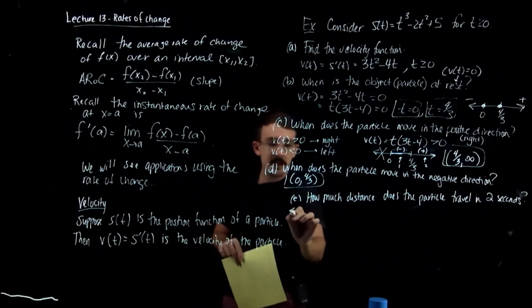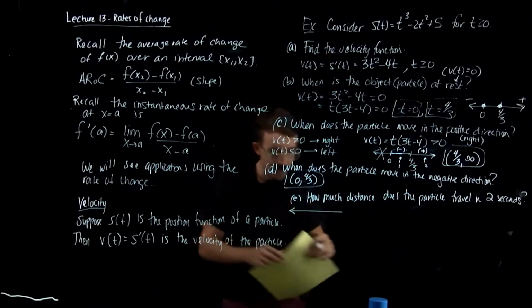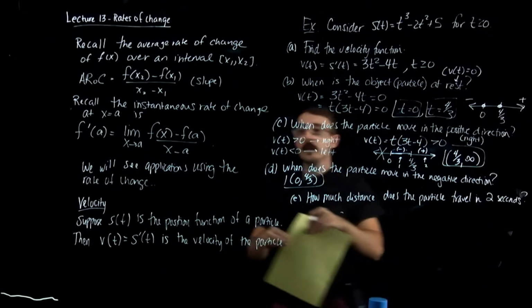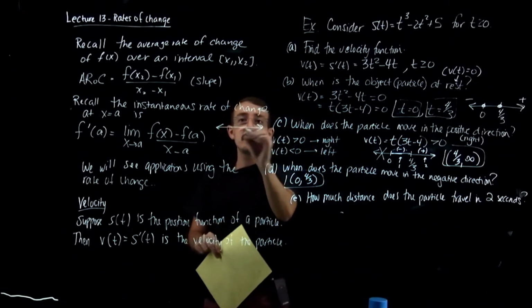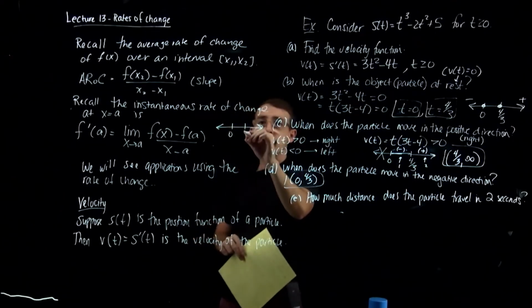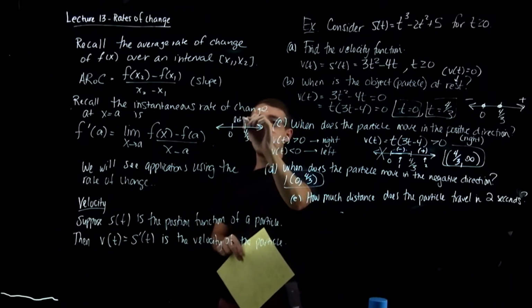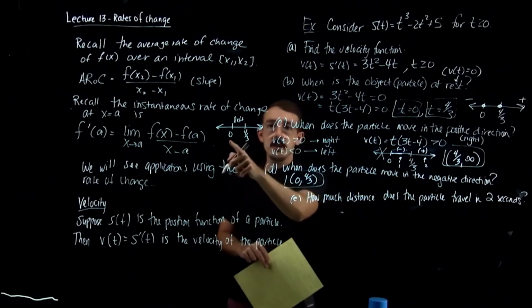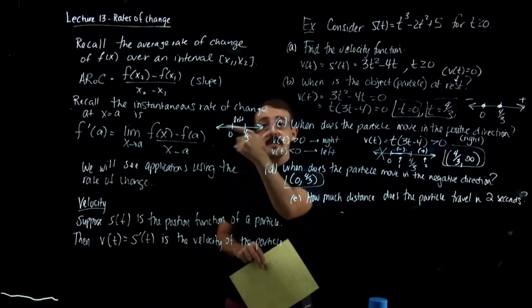So if you take a look at what happened, I'm actually going to draw it right here, just to give myself a little more space. So I'm over here. My points of interest are 0 and 4/3. Over here, we said that it was moving in the negative direction. So from 0 to 4/3, it's moving to the left.